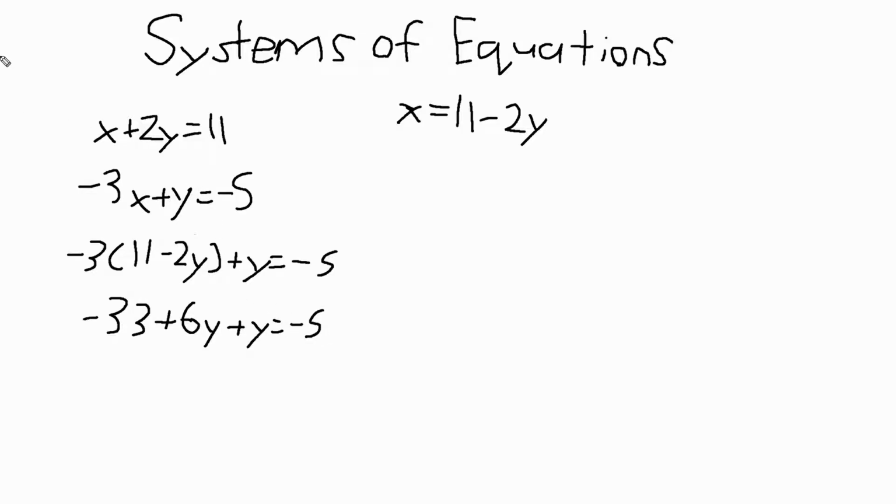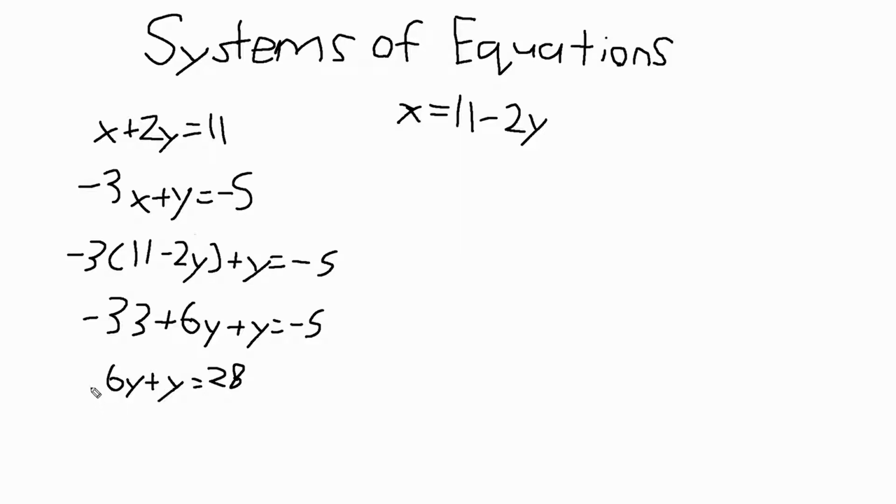And then we want to now simplify the equation just like before. So we can add 33 on both sides, which will give us 6y plus y is equal to 28, because negative 5 plus 33 is equal to 28.